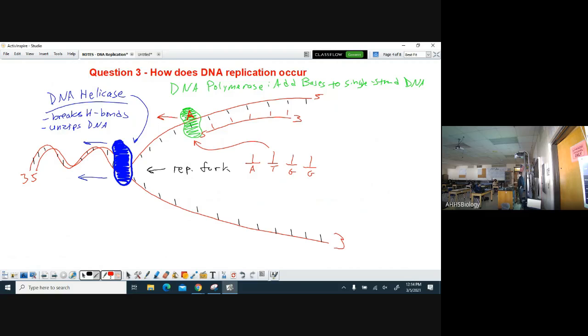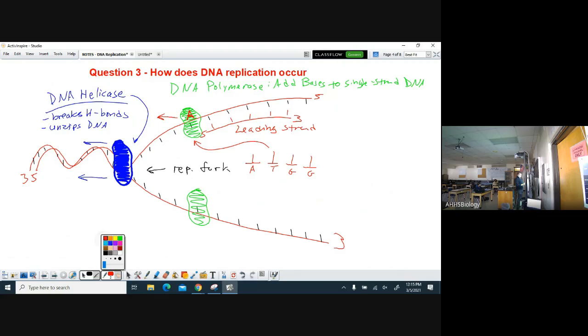Now we have it in several different areas, okay? DNA polymerase can only copy from the 3' to the 5' direction. So it's moving in that direction. And that means that DNA helicase is leading it. So we're going to call this one the leading strand. Here's the problem. It's also doing it over here.